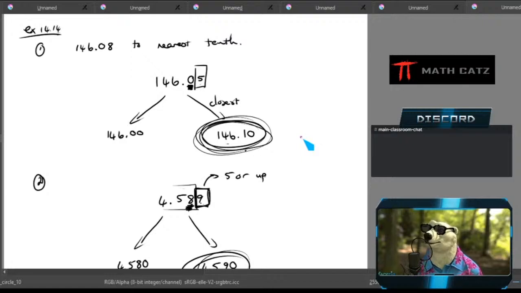Rounding is just helpful for presentation. And then the question is, I want to pick the rounded option that is the best representation of my actual number. I need to pick the closest one. And I base that on the digit that is after the one I'm rounding to.